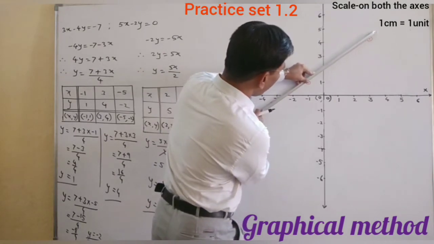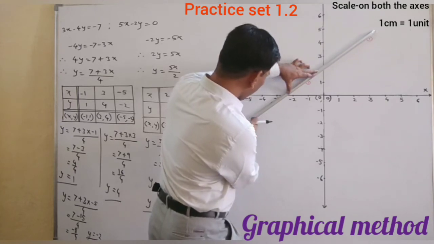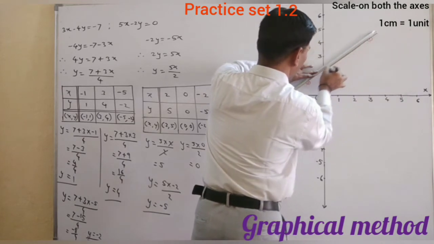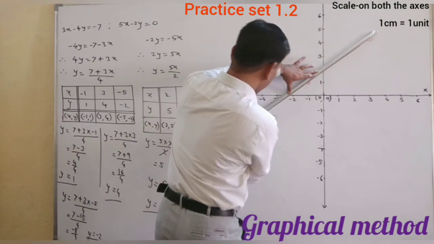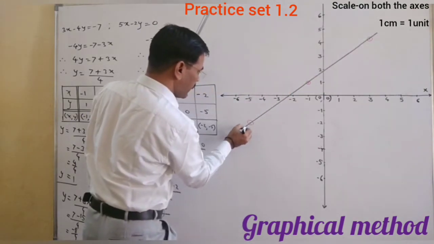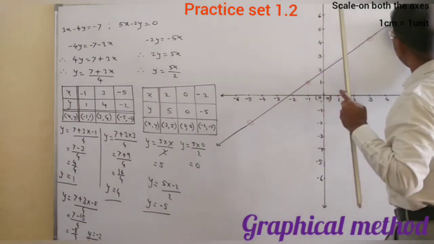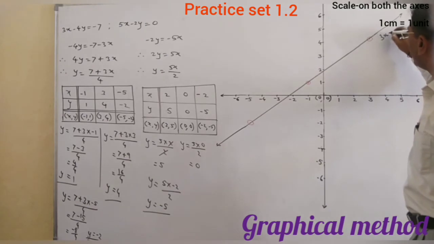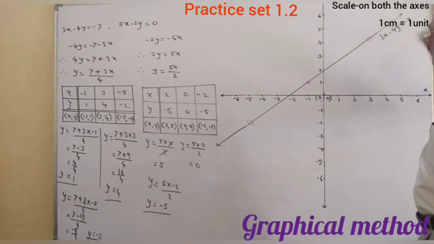So we draw the graph from these 3 points. Observe here, try to very carefully. Okay, like this is the graph. And remember, always without forgetting, we have to write the original equation: 3x minus 4y equal to minus 7.